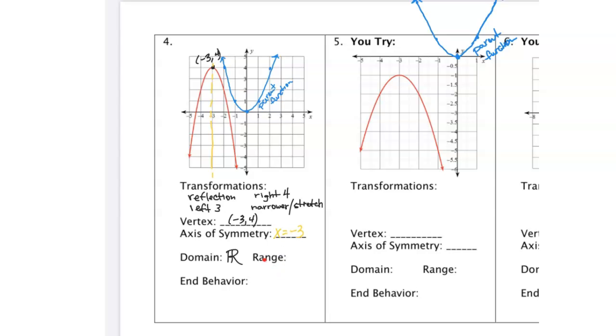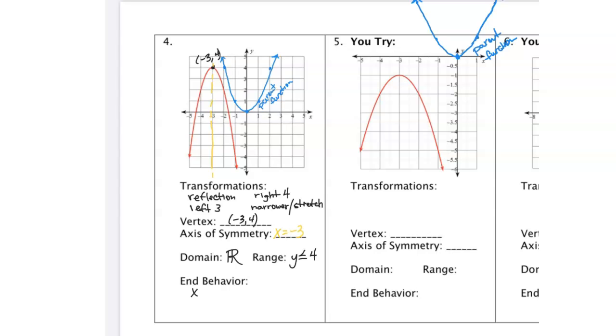And then our range, looking at the y values for this red parabola, they do not go further than 4. So it's all of the y values that are below 4. So that is y is less than or equal to 4.